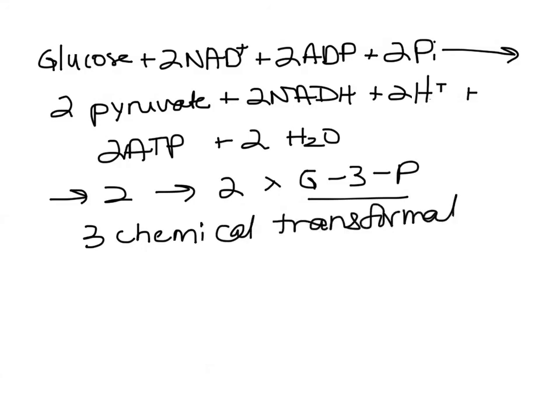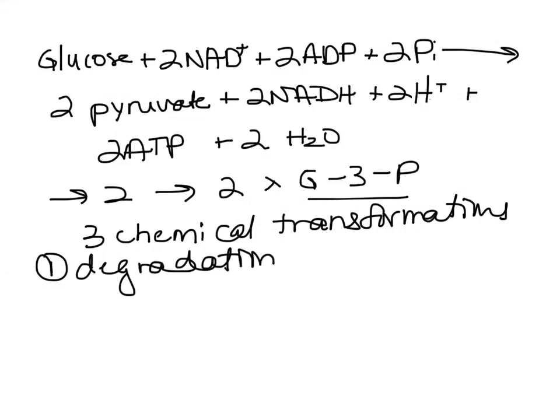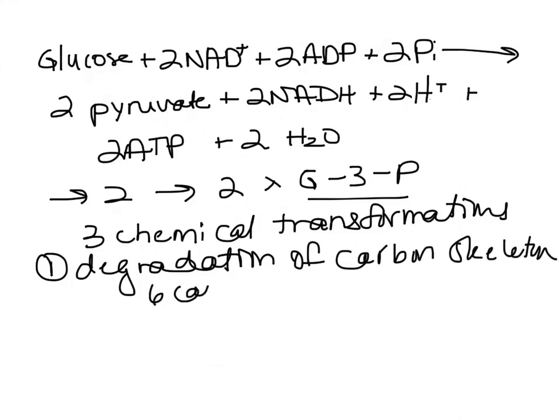Now, there were 3 chemical transformations that occurred. I know it seems like there were more. We had the degradation of the carbon skeleton, where we went from a 6-carbon glucose to a 3-carbon pyruvate.